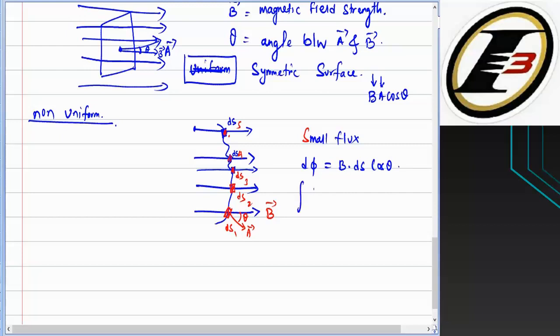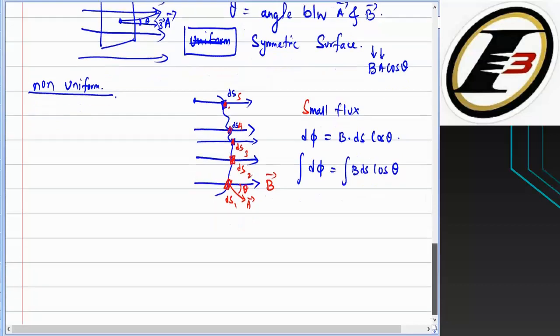Now if you integrate this, integration of d phi is equal to integration of B ds cos theta. Understand my point or not? So integration of d phi is phi. Phi is equal to integral of B ds cos theta, which is equal to B vector dot ds vector.